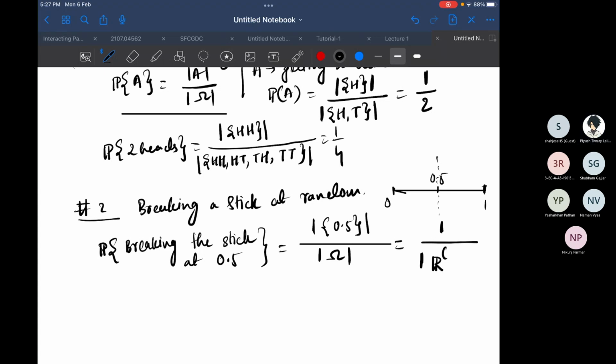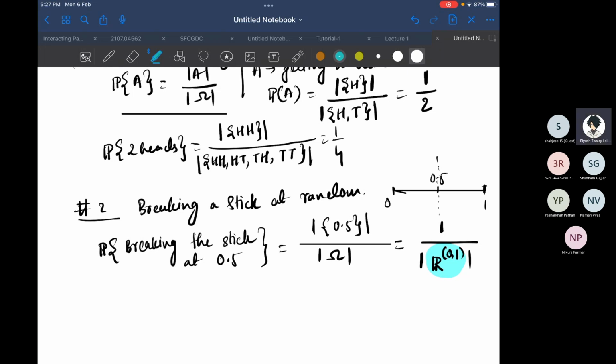I hope you remember the omega for this. Now you will get confused: what does it even mean to have a cardinality of such a set? Does it even make sense? Are you getting my point? There are infinite number of points here.